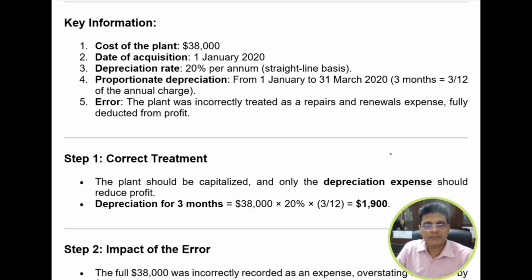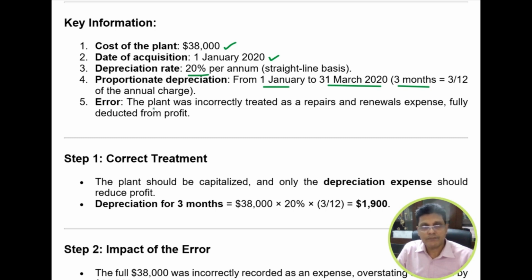Cost of the plant is 38,000, the date of acquisition is 1st January 2020, and the depreciation rate is 20% per annum straight line basis. Proportionate depreciation has to be charged from 1st January until 31st March 2020, so only 3 months depreciation has to be charged.